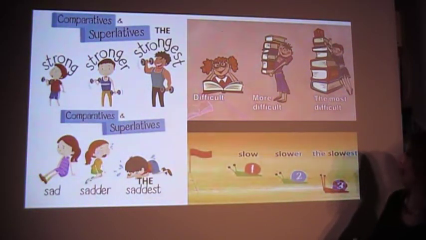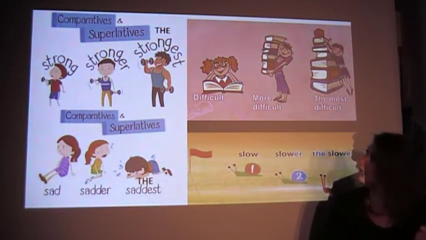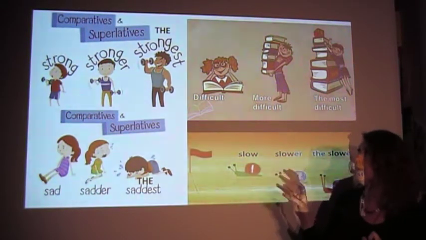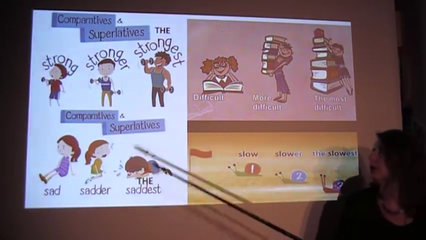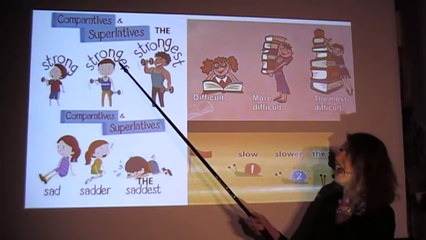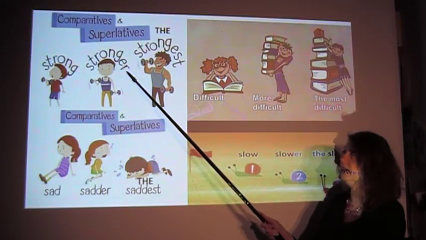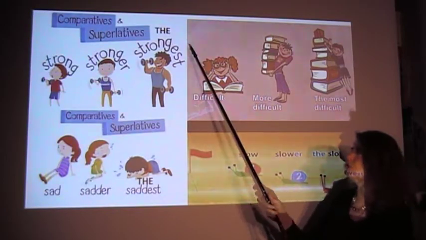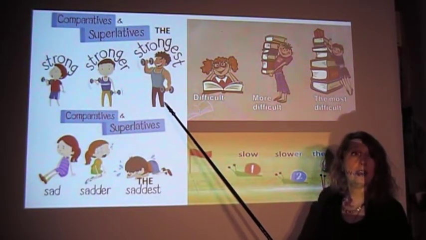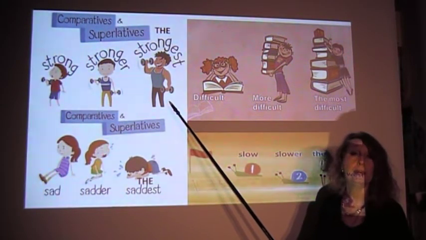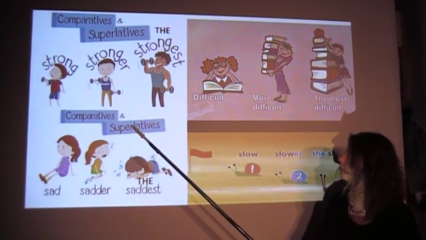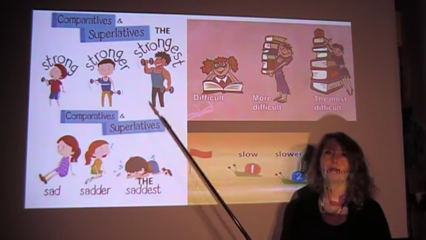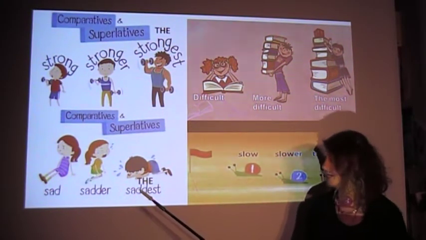Okay, here we have strong, stronger for the comparative form. Look, the short adjective adds the suffix er, so strong, stronger, and the strongest. He is the strongest in this room. And of course we use in because the room or the gym is a place.